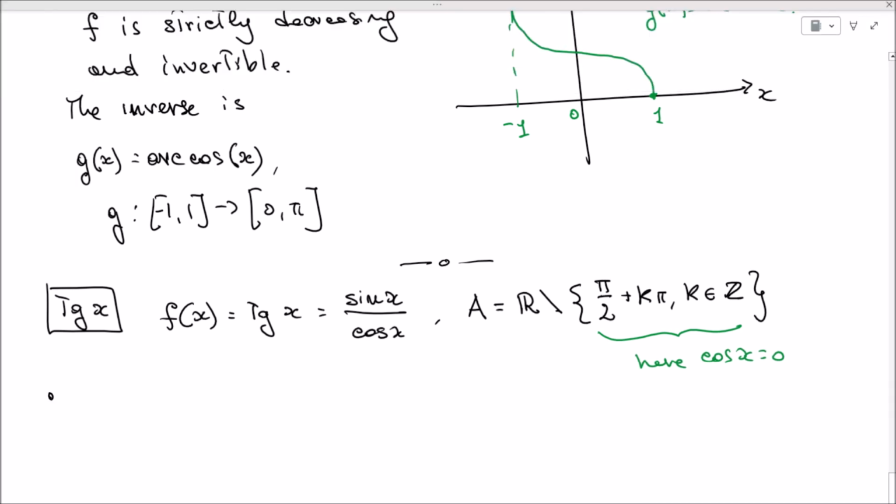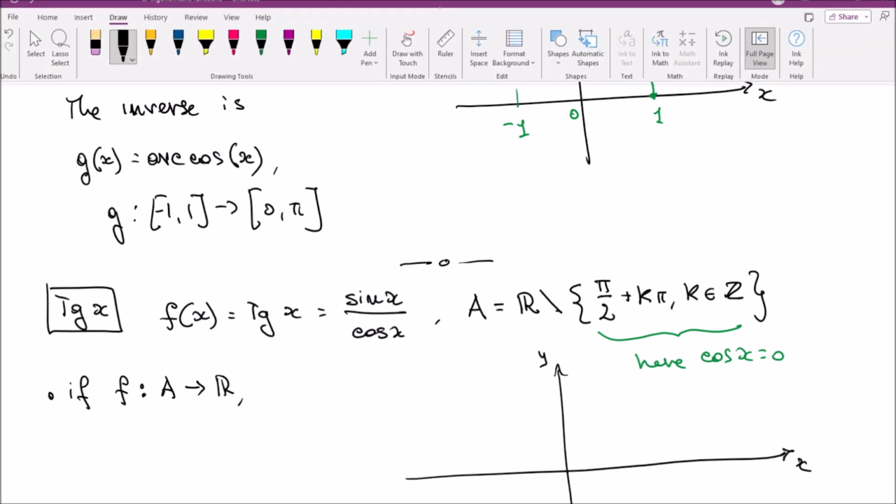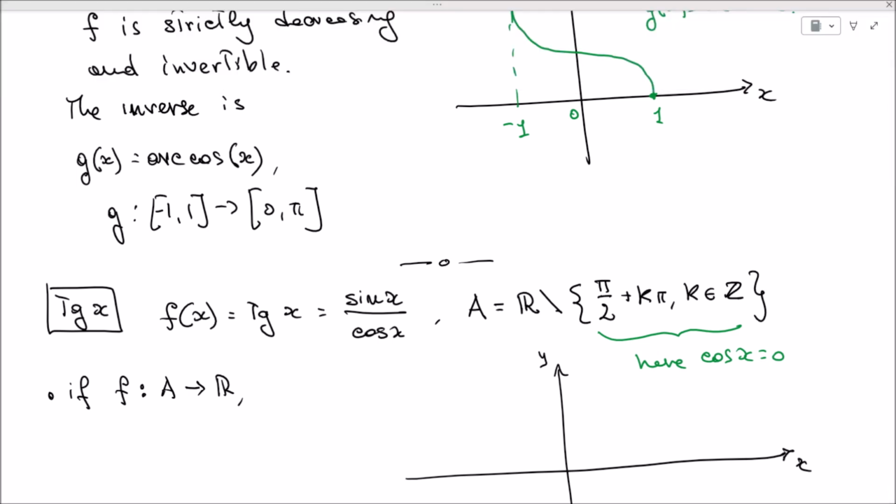So the first option is just to consider f from A to R, and in that case what we get for the tangent of x is a diagram like this, where this is minus pi over 2 and this is pi over 2, and this will repeat again periodically.